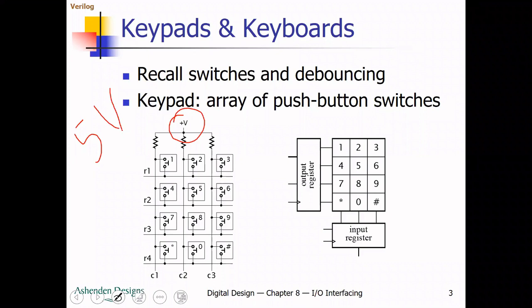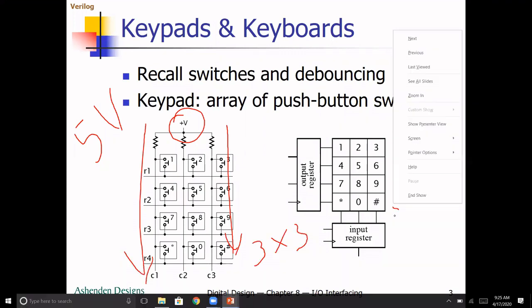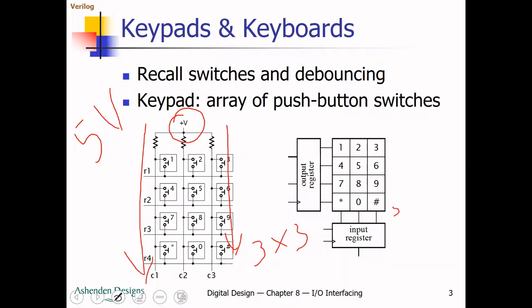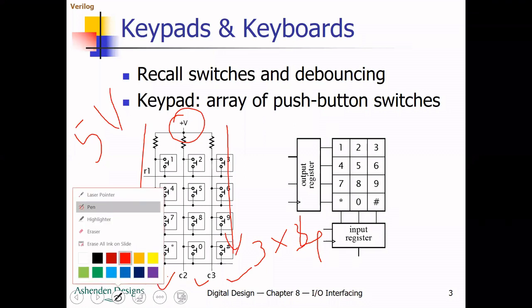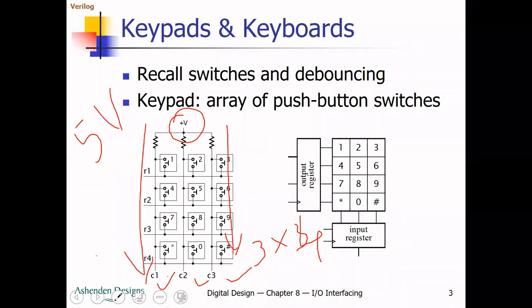So when you pass 5 volts through these columns, I'll once again rewrite the 3 cross 4 keypad. You pass 5 volts through the columns C1, C2, C3. When you pass a voltage and any key is pressed, say assume 2 is pressed, what happens?